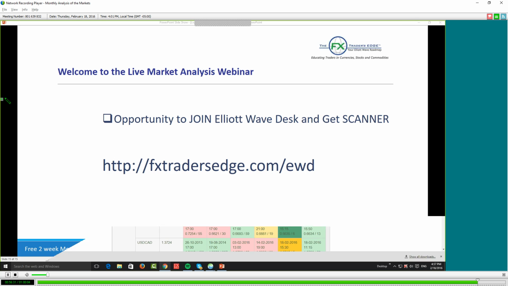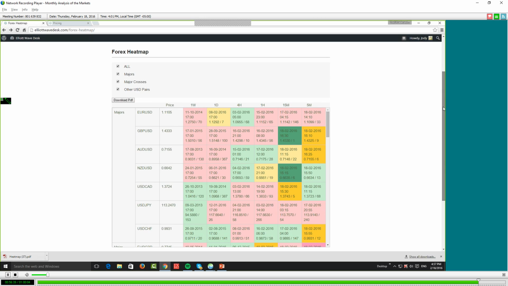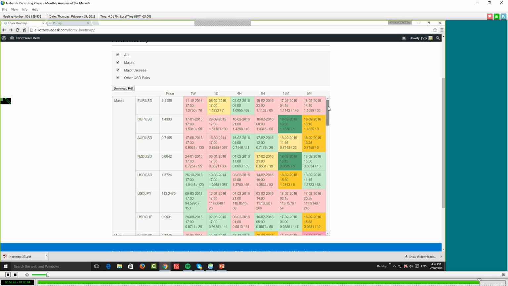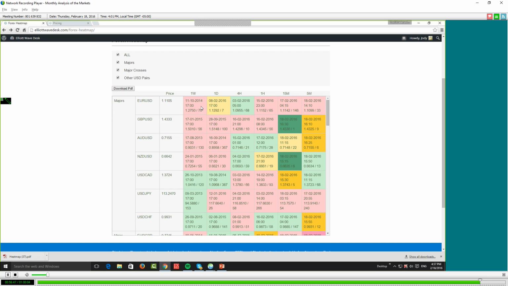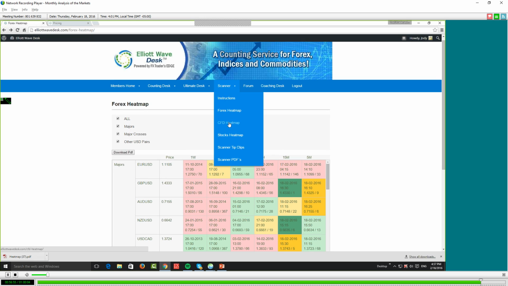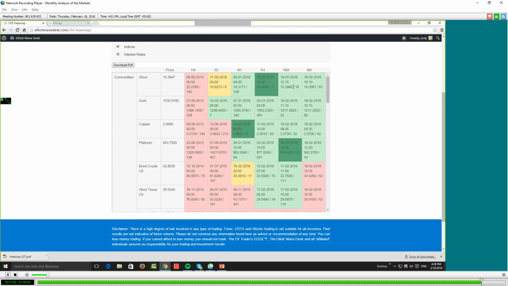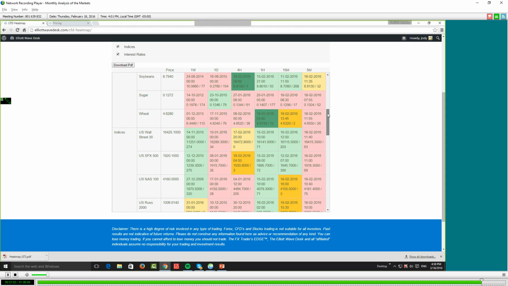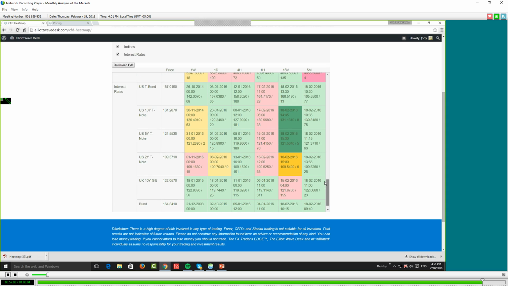So let's see what you get on that page. First of all, here is the scanner. I only showed you clips from the scanner, but the scanner shows 36 currency pairs from the weekly on down to the 5-minute, and this updates every minute. And when you go into the CFD heat map, we have 31 different commodities, indices, and interest rates.